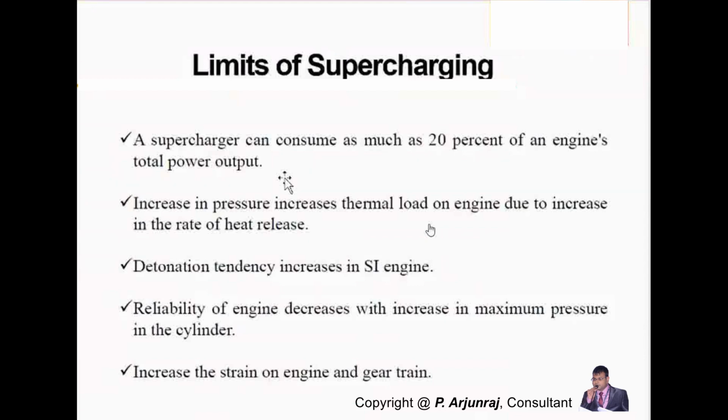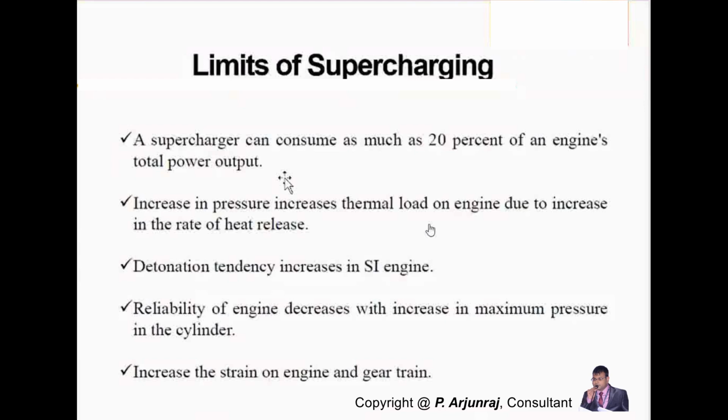That can be overcome by the turbocharger, where you don't need to take power from the engine. But the advantage is that the charge density gets increased, so from the air point of view, the supercharger helps.